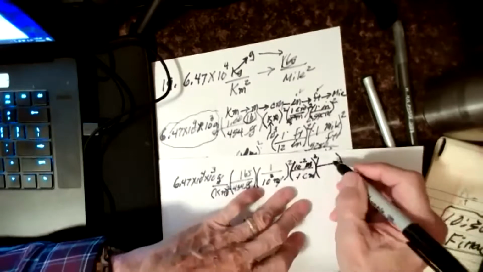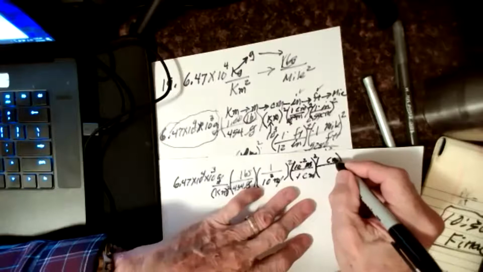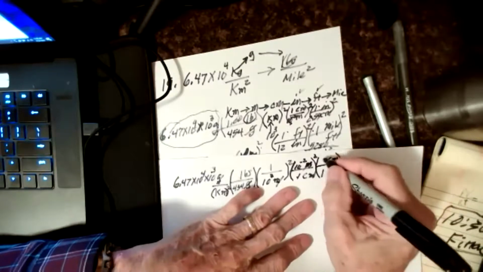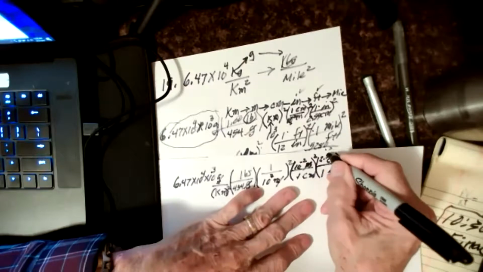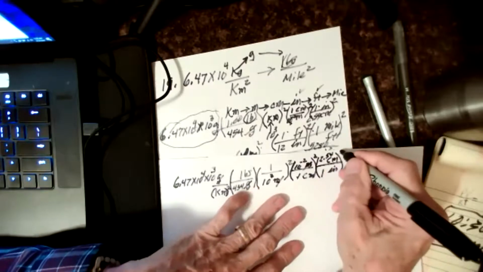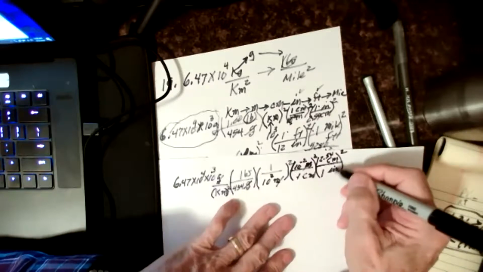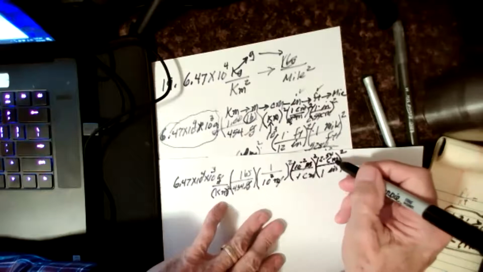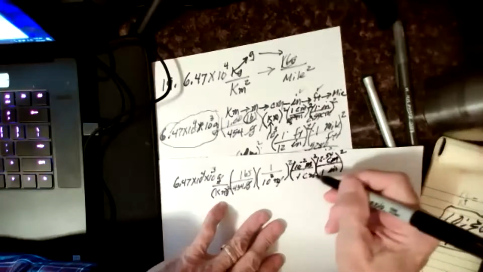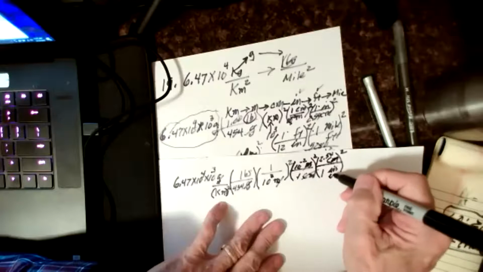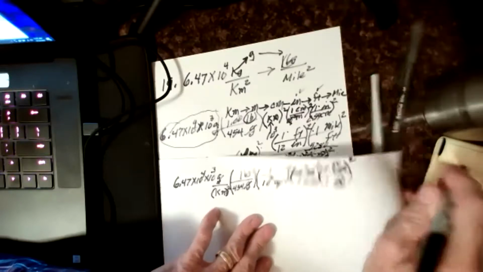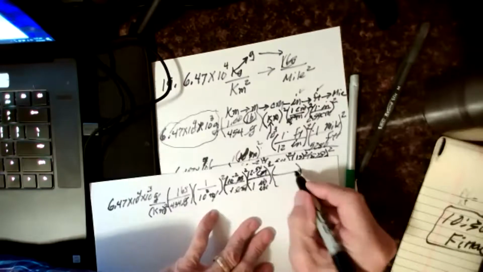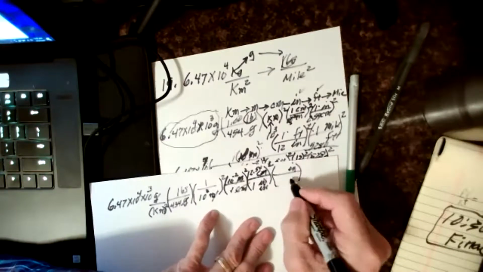Now I want to go from centimeters to inches. 1 inch is 2.54 centimeters. So I've gotten rid of centimeters, and that gave me inches. Now I'm going to go from inches to feet.